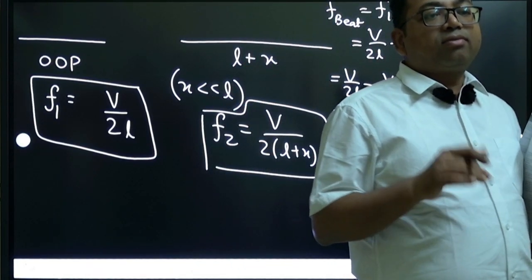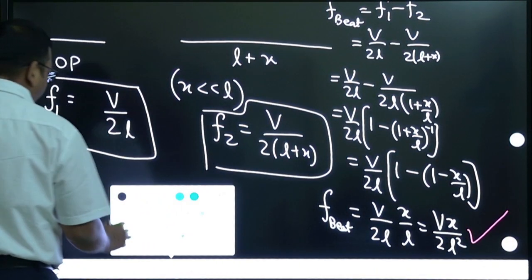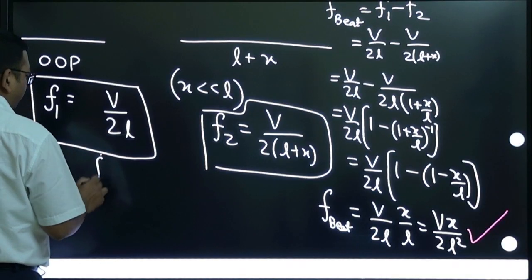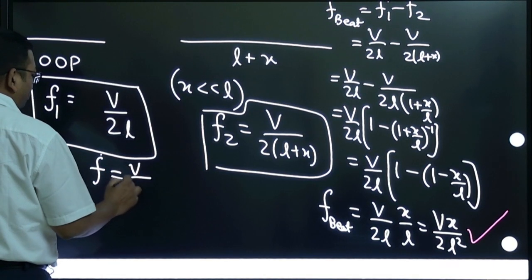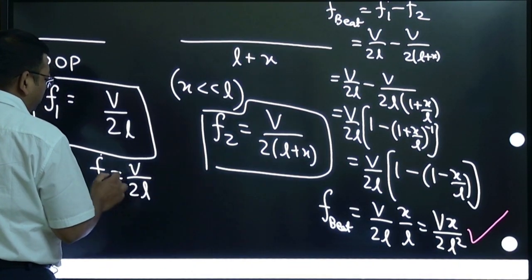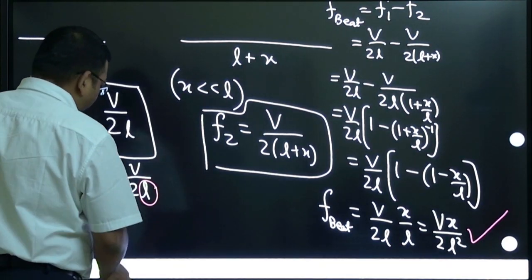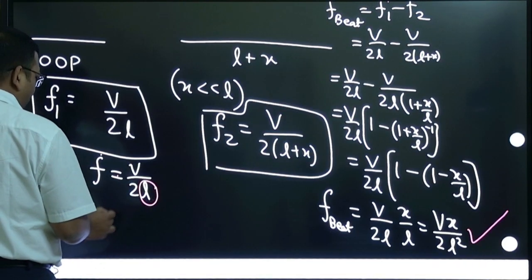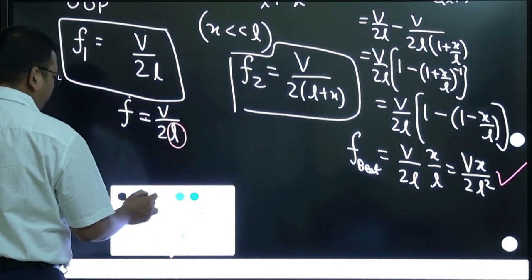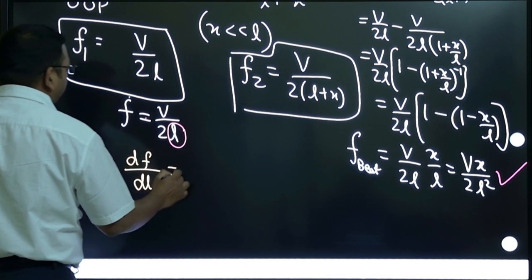We can apply differentiation to f. This is the formula for frequency, right? Frequency is v by 2l. Here l is changing by a very small amount, so you can differentiate f with respect to l. If I differentiate, df by dl, then what will we get?